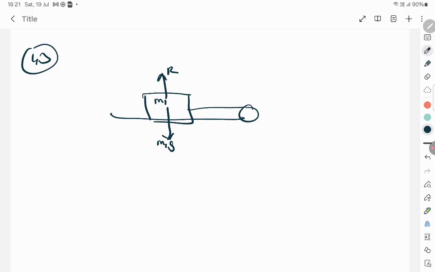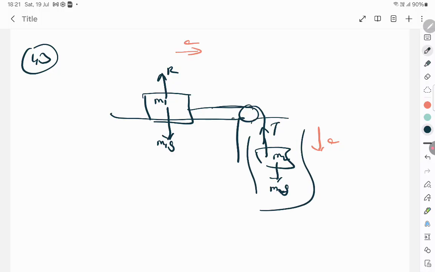A rope is running over a pulley, and then there is another block here of mass m2, and they've given that the system is accelerating like this. Then this is also going to have the same acceleration a, and m2g is acting downward, and there is a tension T. In this free body diagram, you understand that m2g has to be greater than the tension T, and so m2g minus T is equal to m2 into A.